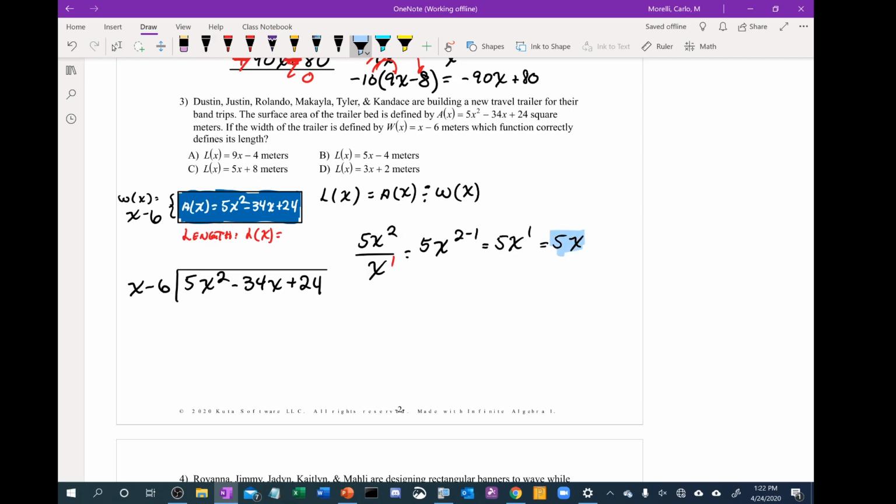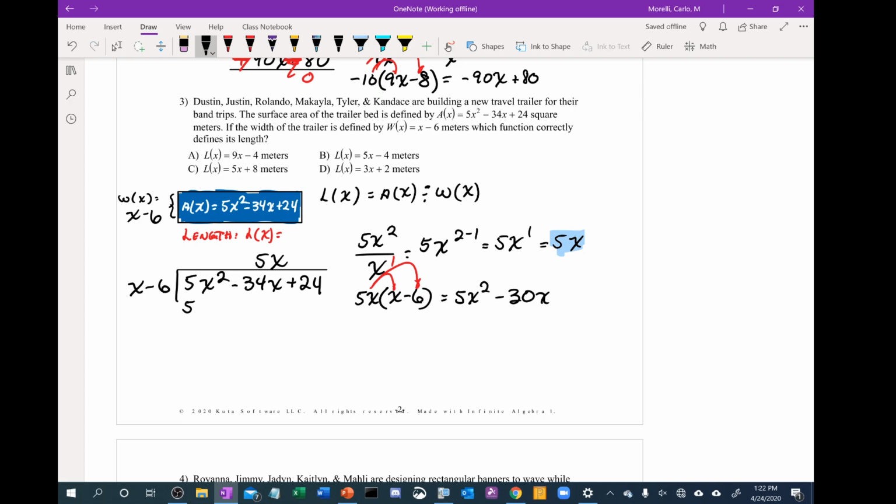This is a quotient term, so we write it above its matching term of the dividend. 5x goes right here, and we multiply the first term of the quotient by the entire divisor. In side work, we have 5x, open parentheses, x minus 6, close parentheses. Apply the distributive property. 5x times x is 5x squared. 5x times negative 6 is negative 30x, because 5 times negative 6 is negative 30, and the x comes along for the ride.